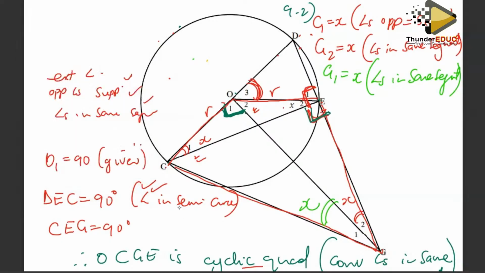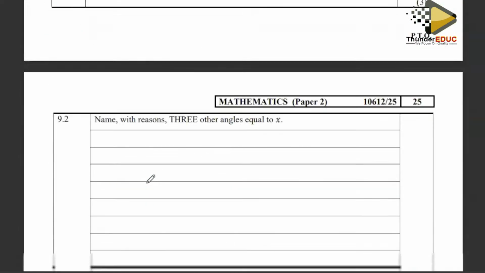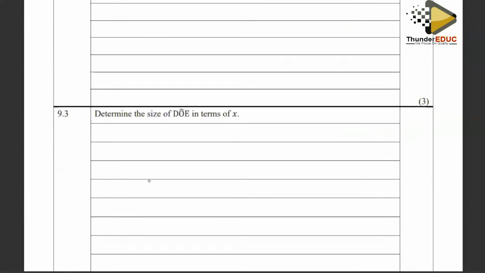If I look at this big triangle, this is a 90. This is our x, meaning that this angle D is going to be 90 minus x. That's what I'm going to start with. So I'm saying that D is 90 minus x.